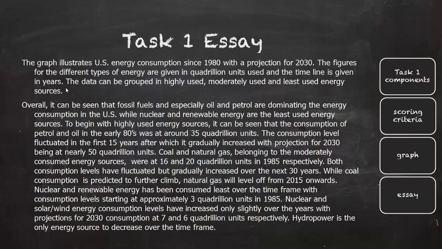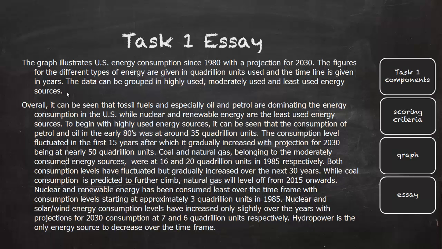I'm also saying here the data can be grouped in highly used, moderately used, and least used energy sources. Remember, those were the 3 groups. This is highly used, moderately used, and low usage of energy.